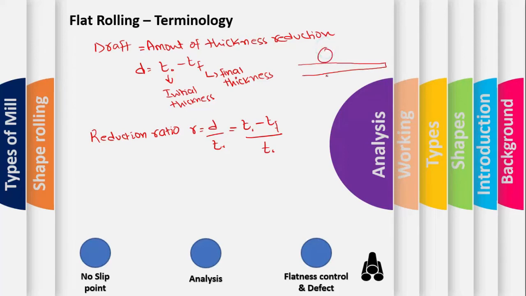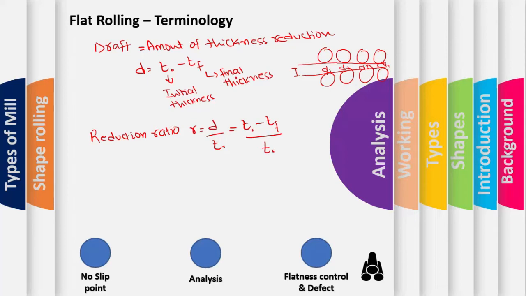We have a series of rolling operations taking place. So how do we calculate the reduction? It is taken as a sum of drafts here, here and here, and divided by the total thickness. Okay, this is how we calculate the reduction ratio when there is a series of rolling operations.